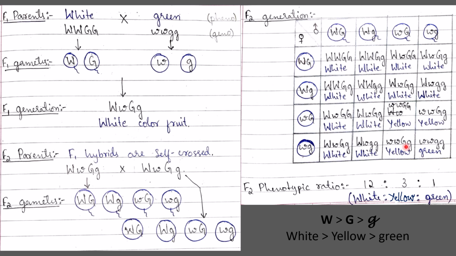Here also one of the alleles is capital G, then the dominant trait yellow color is being produced. Whereas here both the functional alleles are absent, that is both the dominant alleles are absent, all of them are homozygous recessive, so green color, that is the recessive trait, is being produced here, and ultimately we end up with a 12:3:1 phenotypic ratio with the phenotypes white, yellow and green.